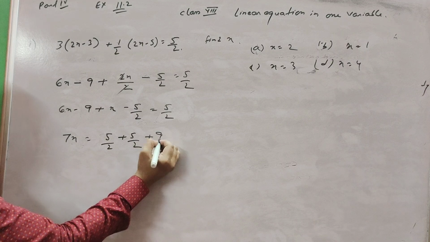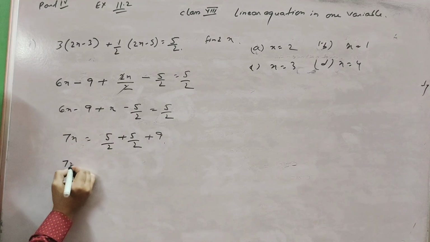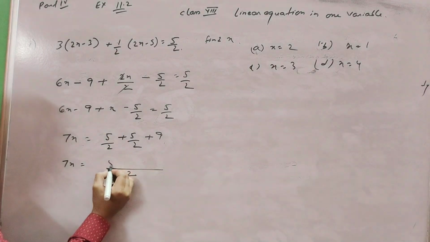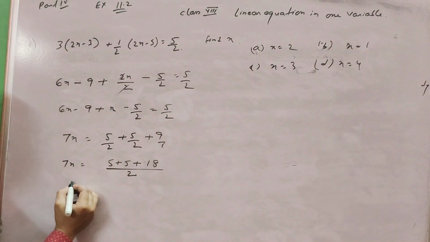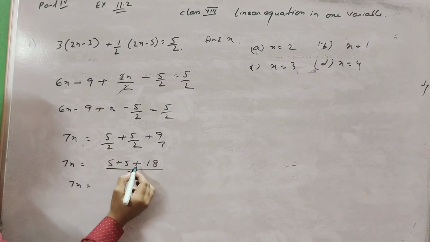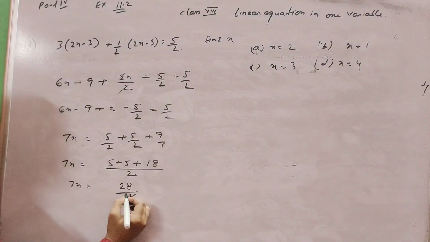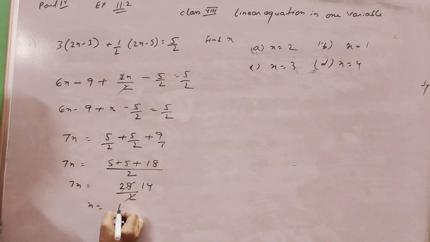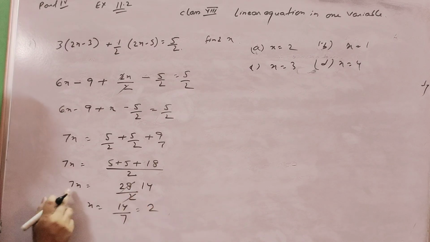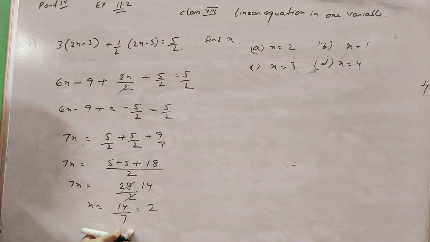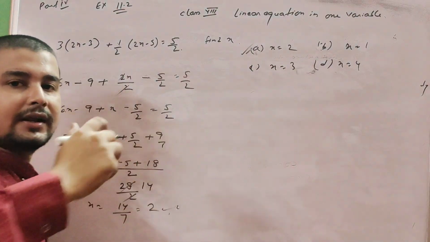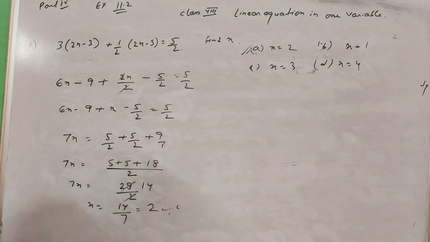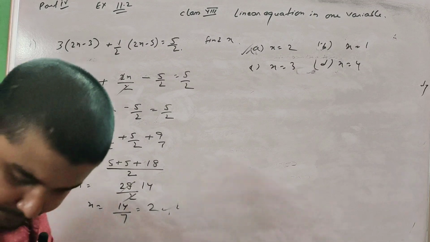Minus 9 goes this side, that is plus 9. So 7x equals, taking LCM 2, 5 plus 5 plus 18. So 7x equals 28 by 2, so 14. So x equals 14 by 7, the 7 goes this side, that is divide. So the value of x is 2. So our option is correct. Okay, note.